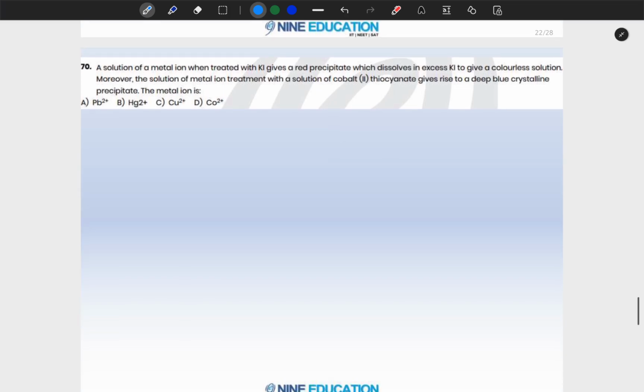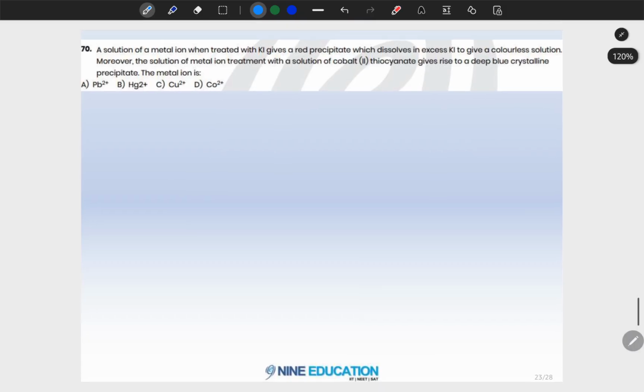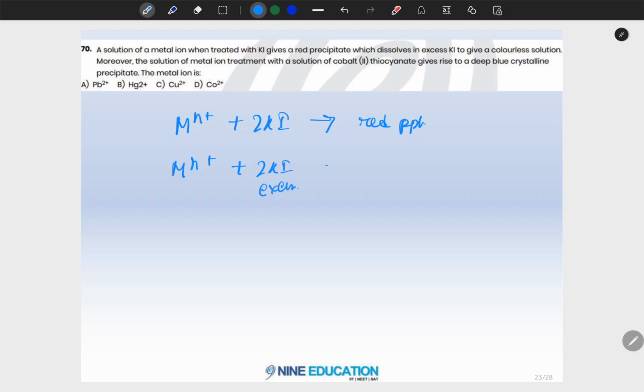Question number 70. A solution of a metal ion, any metal ion I am considering, on reaction with KI is giving a red precipitate. The same metal ion with excess of KI will result in the formation of a colorless solution.